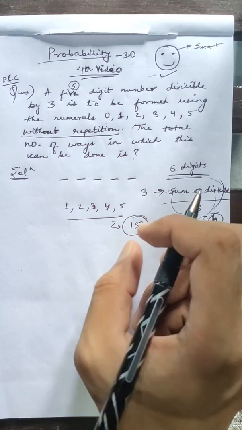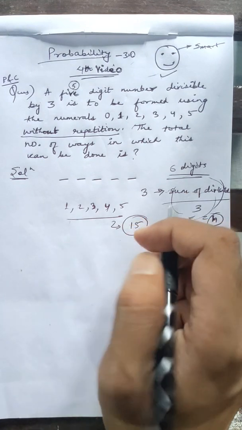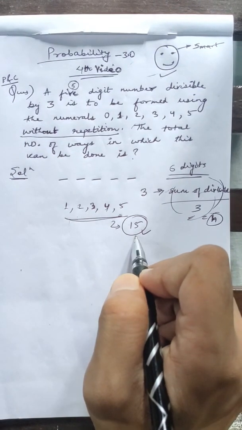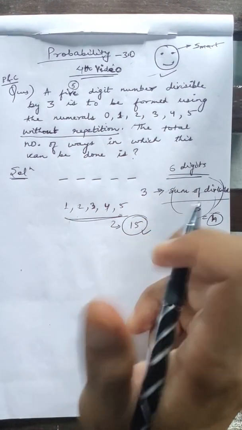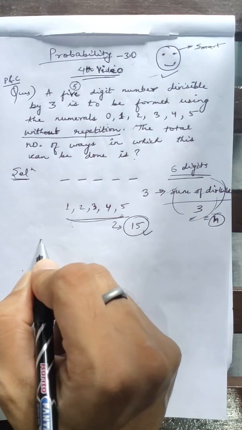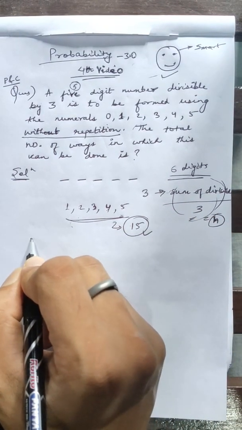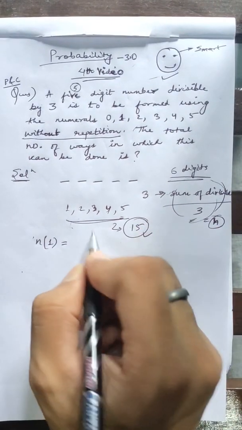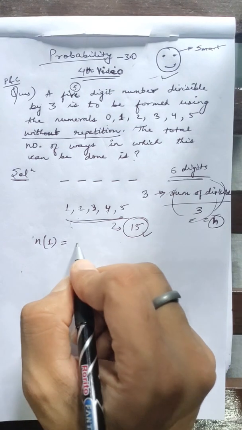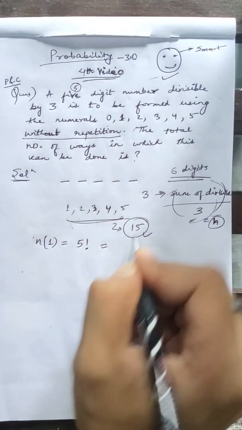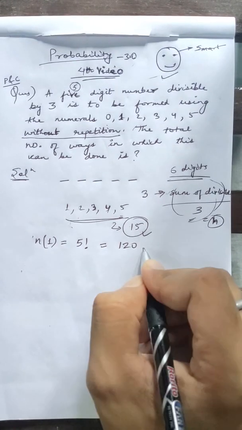So if you use all these 5 numbers, 1, 2, 3, 4, 5, the sum is divisible by 3, and any combination possible of these will be divisible by 3. So the number of ways for the first case, using all these 5 numbers, is 5 factorial, and this is equal to 120 ways.